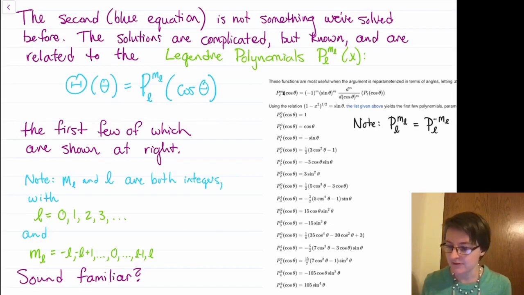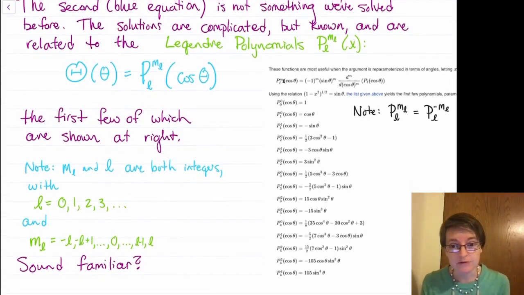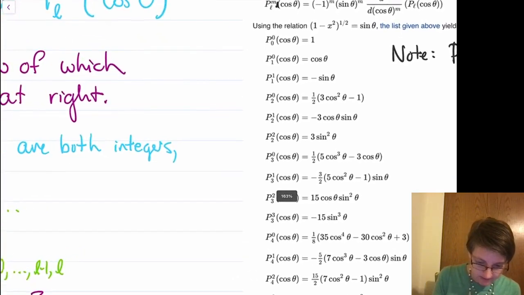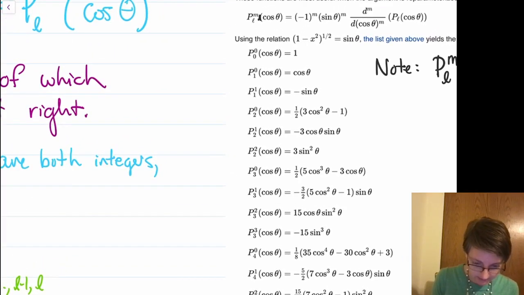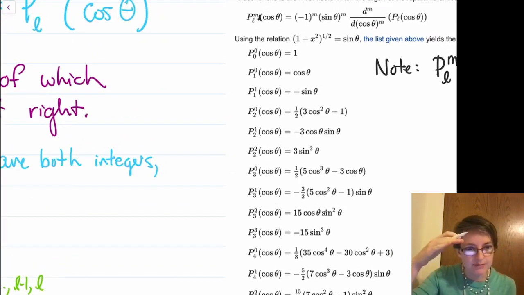One of those quantum numbers is L, and one of those quantum numbers is m sub L. Furthermore, if we look at the available solutions, not all values of m sub L and L are possible. In fact, L ranges from 0 as the lowest possible integer that is a viable Legendre polynomial. And in all of these solutions, especially if I zoom in on them, you might be able to see it a little bit, m is the top number in this indexing scheme, and L is the bottom number.